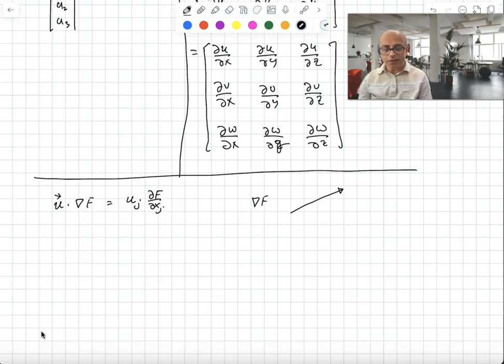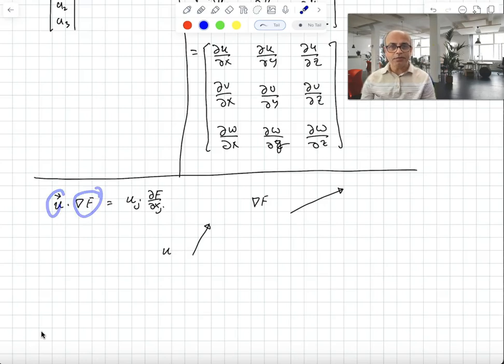So u dot gradient of f is the dot product, and we know that this dot product is a directional derivative: the derivative of f in the direction of u.